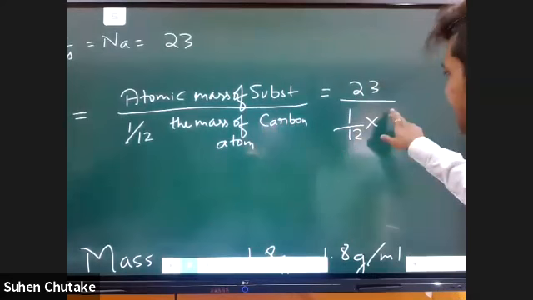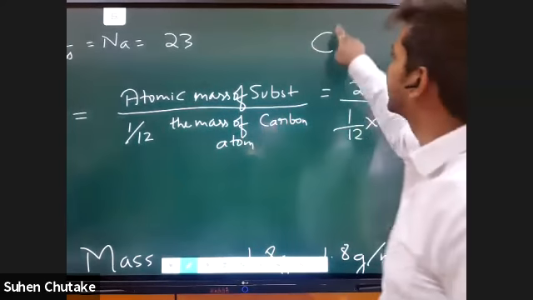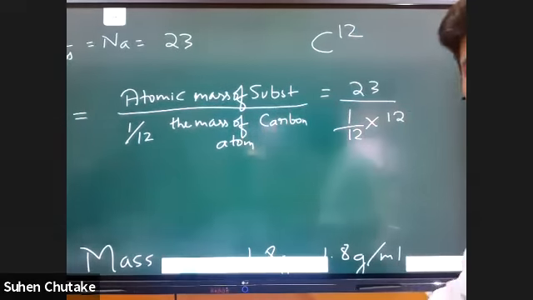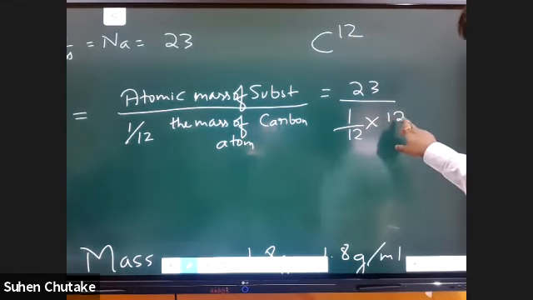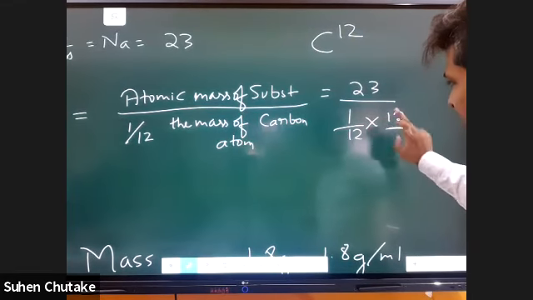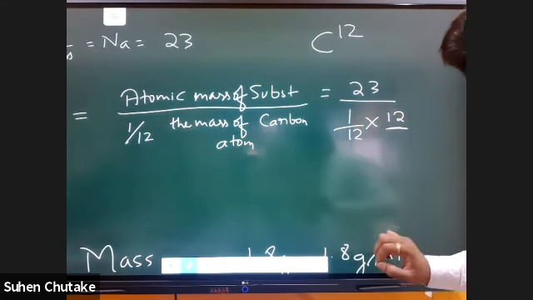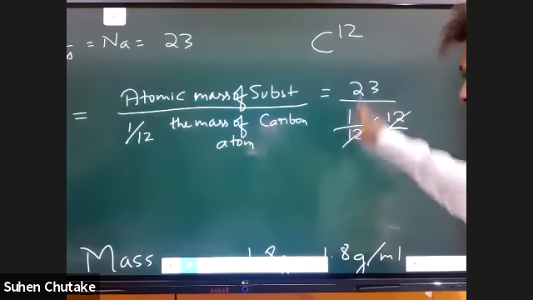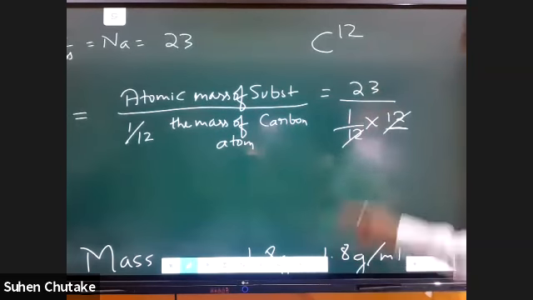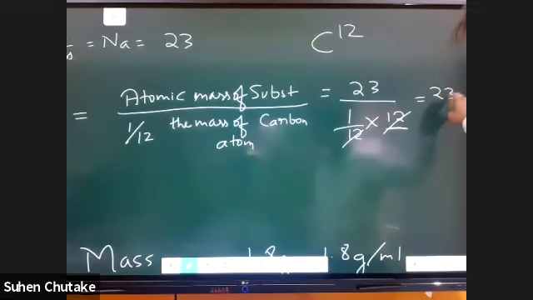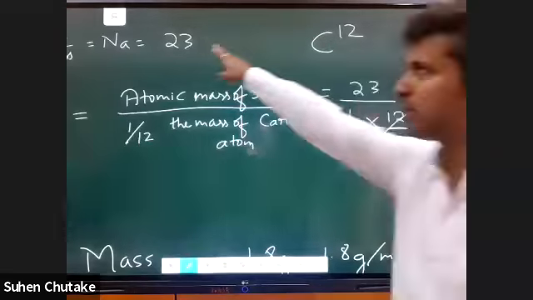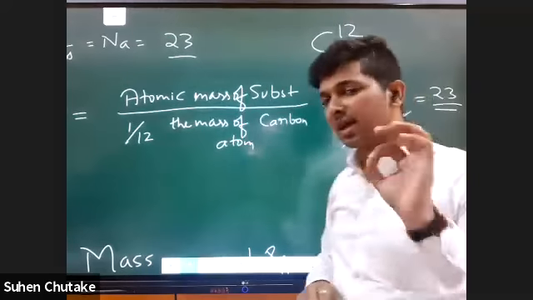And you're taking 1/12 the mass of carbon atom. See, carbon is C12. That's why we are writing 1/12 the mass of carbon atom. What is going to happen? 12 and 12 will cancel. What will remain? 1. So it will remain as 23 only. Before also it was 23, now also it is 23. But what is the difference?